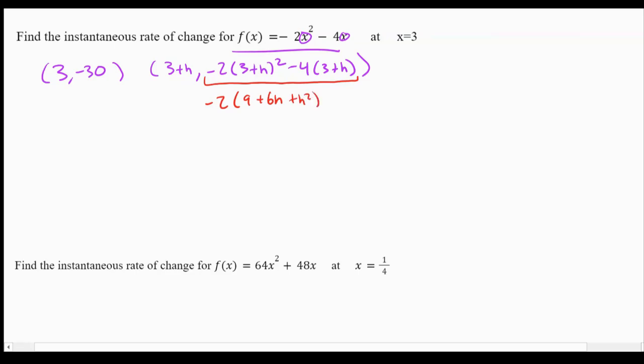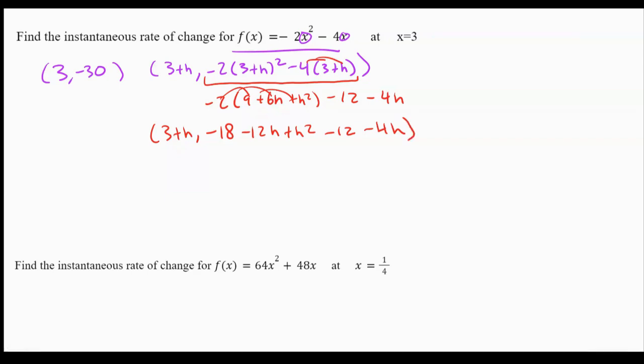When I do 3 plus h squared, I'm also going to distribute this to become negative 12 and minus 4h. And lastly, I'm going to distribute that negative 2 in there to get negative 18 minus 12h minus 2h squared, minus 12 minus 4h.